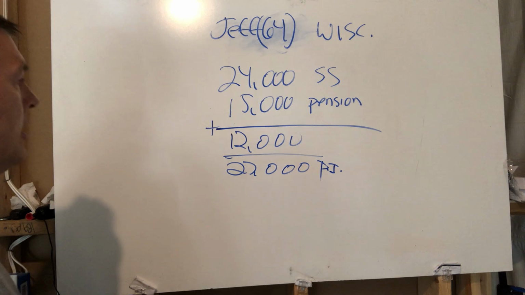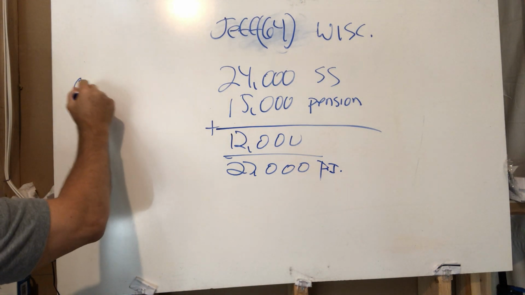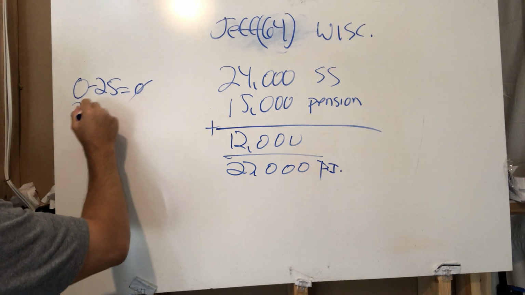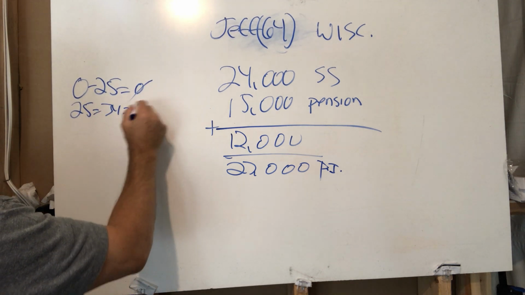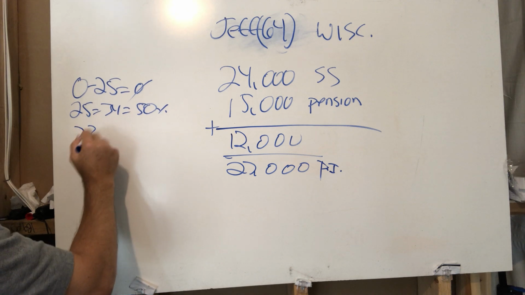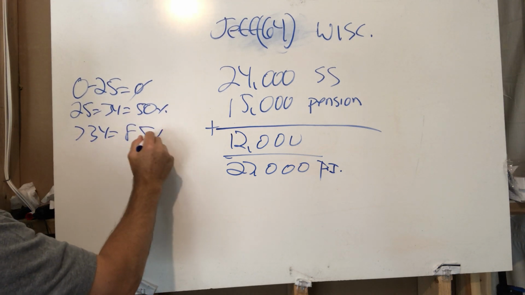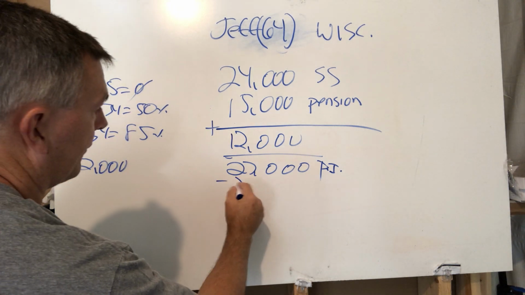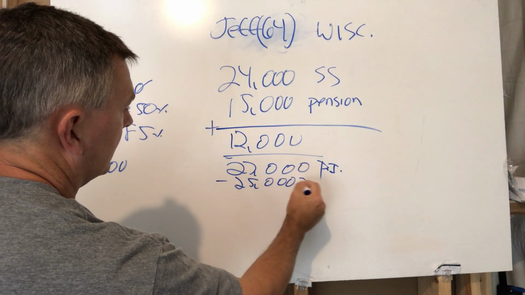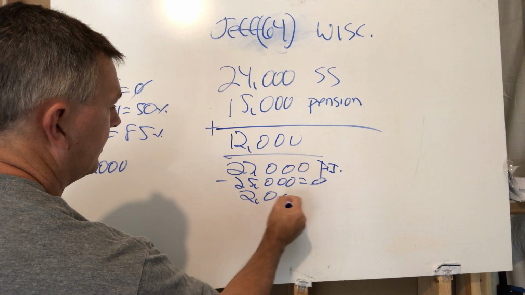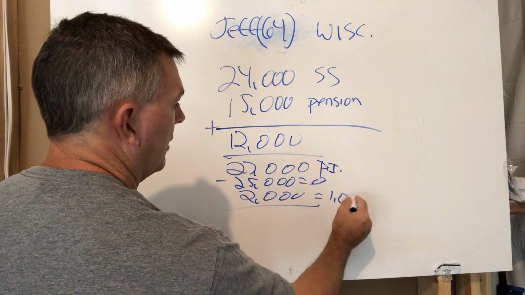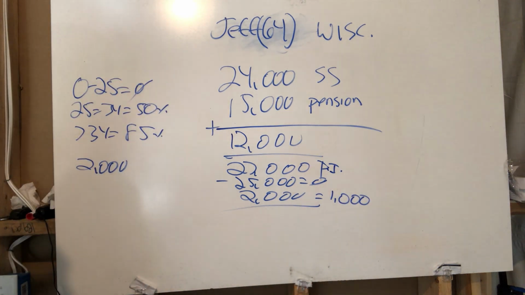The first $25,000 is not subject to taxation. For the next $25,000 to $34,000, 50% of that is, and anything above $34,000, 85% of that is. So he's $2,000 over $25,000, which means $1,000 of his Social Security is subject to taxation.